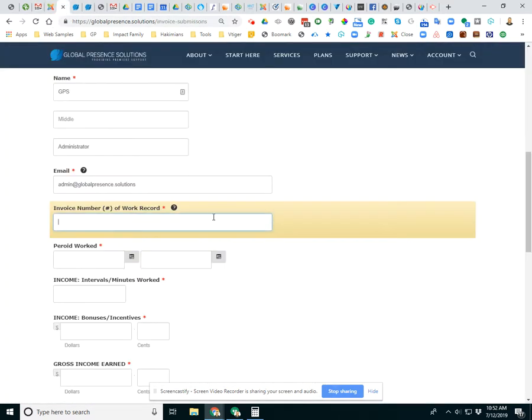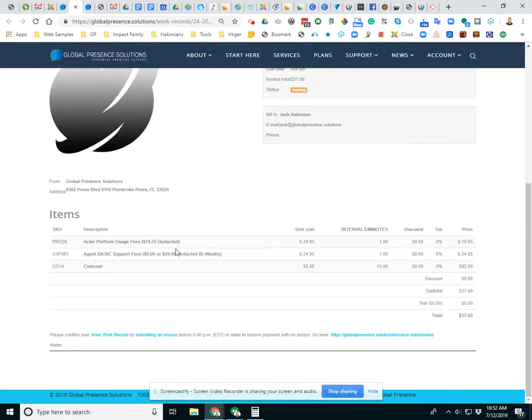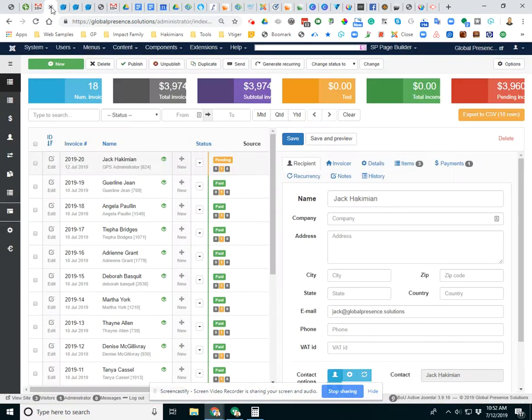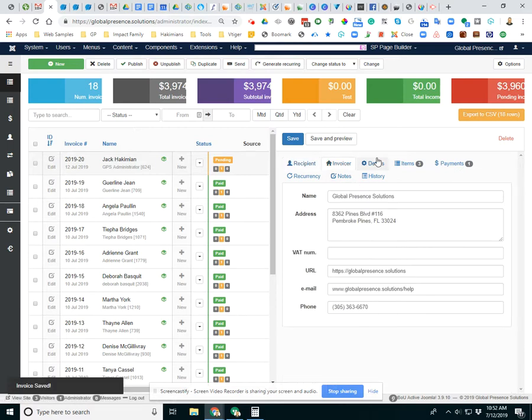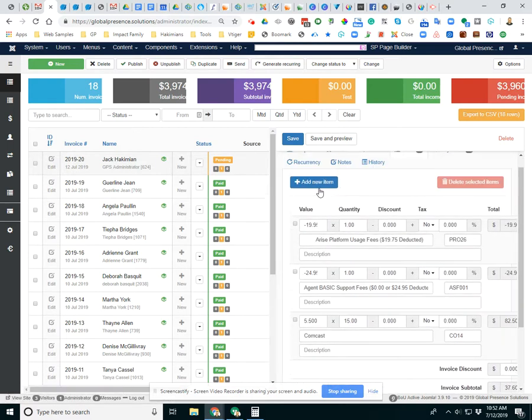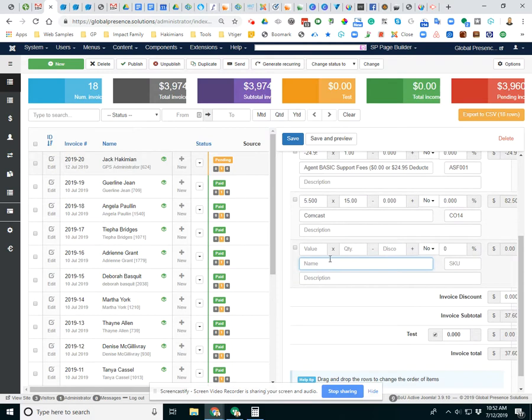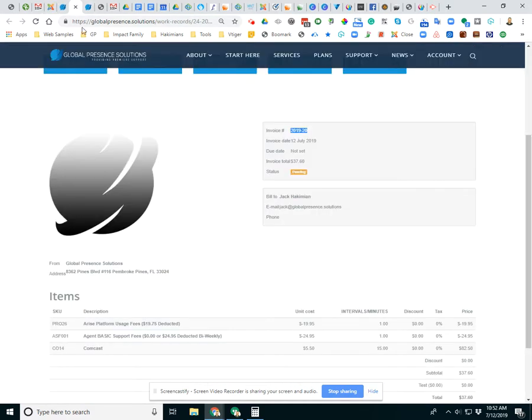So you want to put that here. And remember, anything that's red, you need to put in either 0 or put the data. Okay. So, period worked. This will usually be on the invoice.